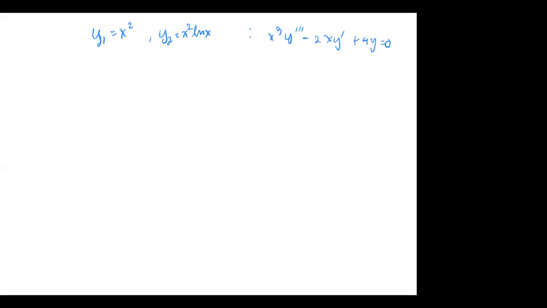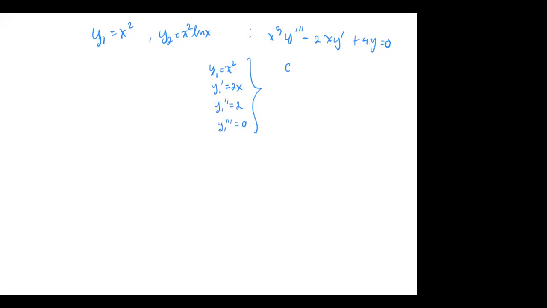So we know that both of them satisfy the same equation. But if you multiply y1 by some number, it still satisfies the same differential equation. With just the generic y1, x squared, we know y1 prime is 2x, y1 double prime is 2, and y1 triple prime is 0. Bringing it into the equation, it will satisfy because it's given by the problem.